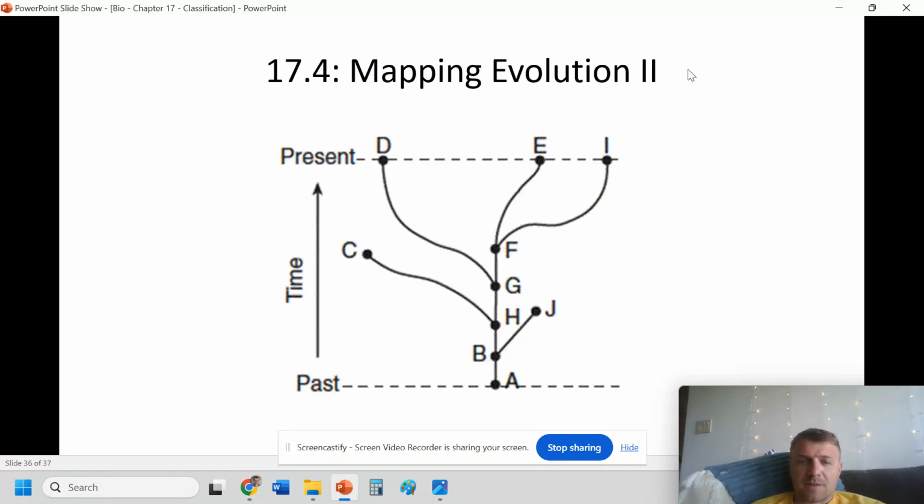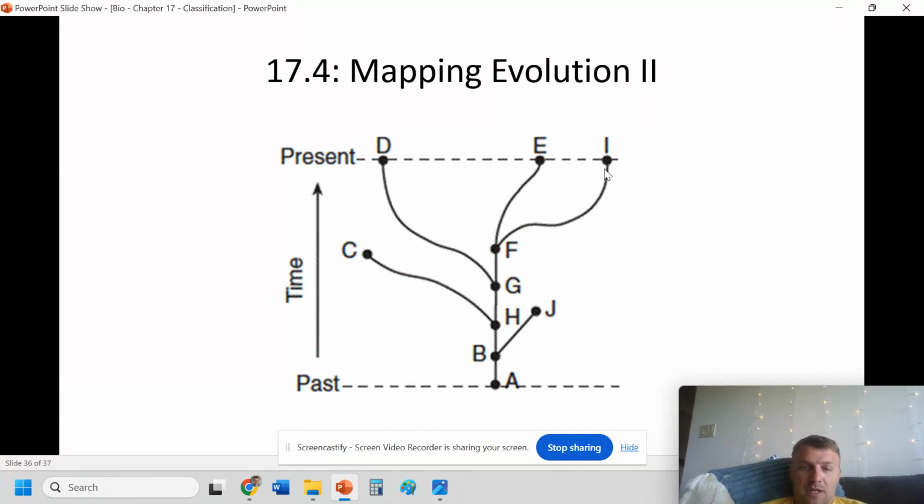Now, here's another example of a phylogenetic tree. You can see again, here's our lineage. We can see that present day only D, E, and I are still living. All the other ones have gone extinct, like C, F, G, H, B, A, and J. These are all extinct species. So we can still look at common ancestry. If we look at the most recent common ancestor between D and C, that's going to be H, because this is the first point that both of them diverge from.